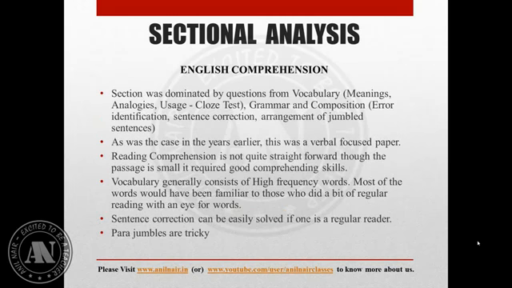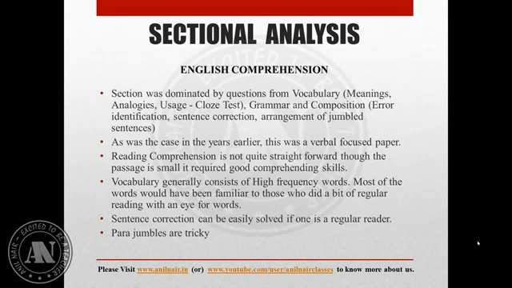English: as was the case in earlier years, SNAP is always known to be a verbal-focused paper. Even though the reading comprehension is not quite straightforward, the students who have a habit of good reading skills were able to attempt a good number of questions.